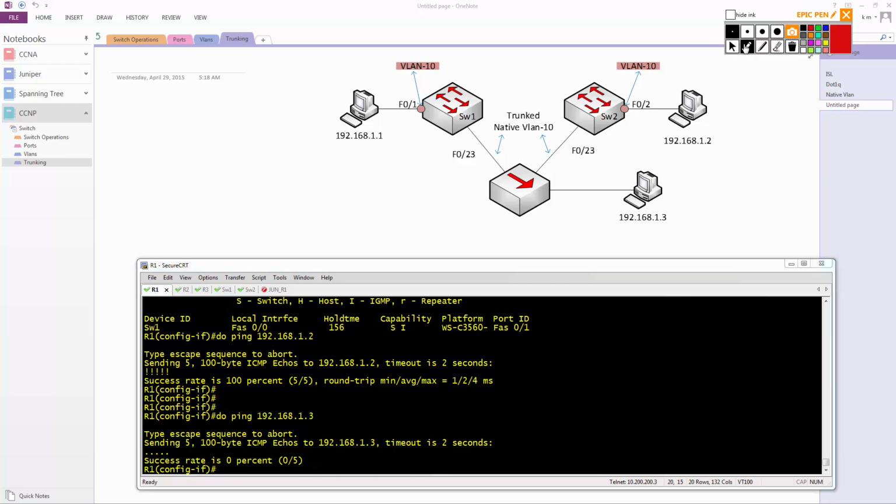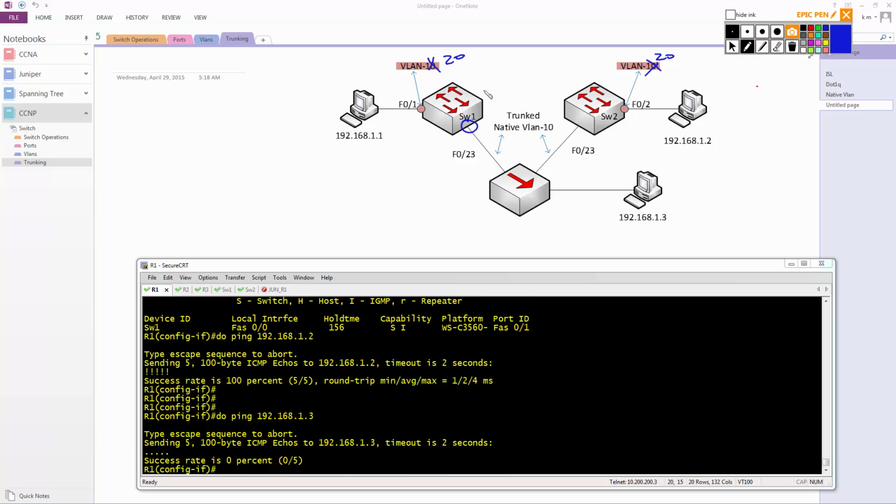Because now at this moment, we are both sitting in VLAN 20. As traffic's coming into this VLAN, it's going to be put in VLAN 20. This trunk will also receive that information, because now that interface is part of VLAN 20.